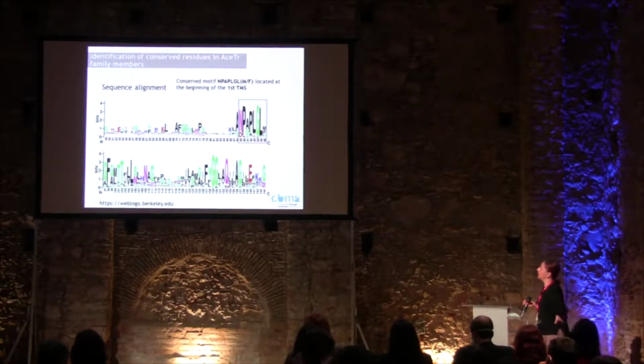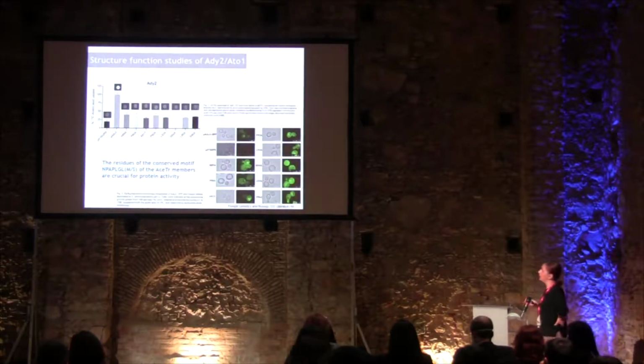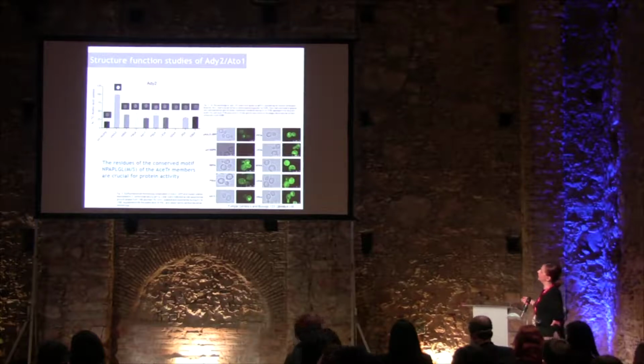By also identifying the conserved residues, we identified a conserved domain located in the first transmembrane segment, and when we do mutations in this conserved domain, again we have interesting phenotypes.